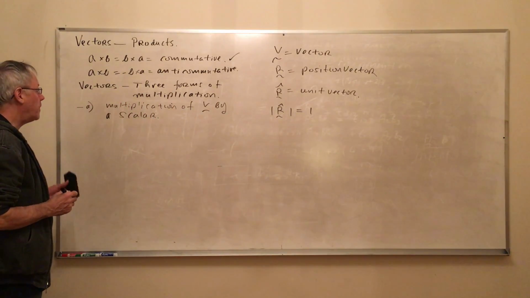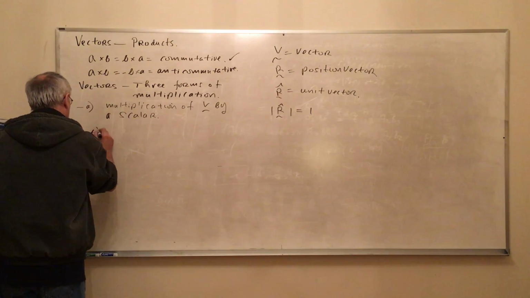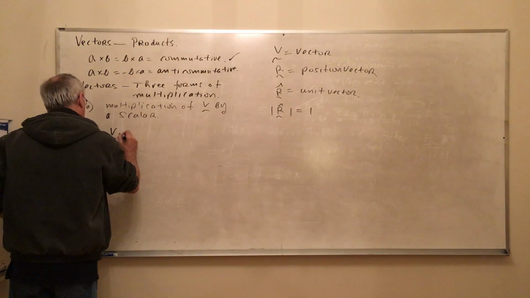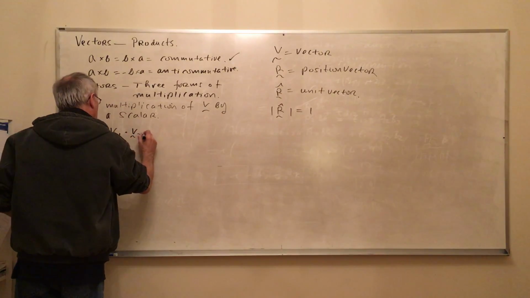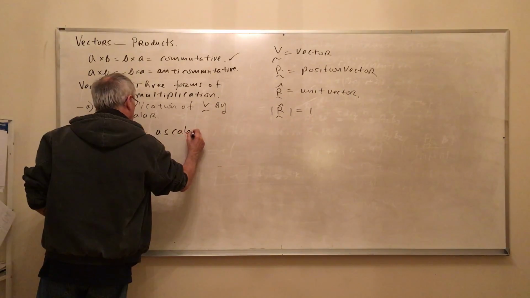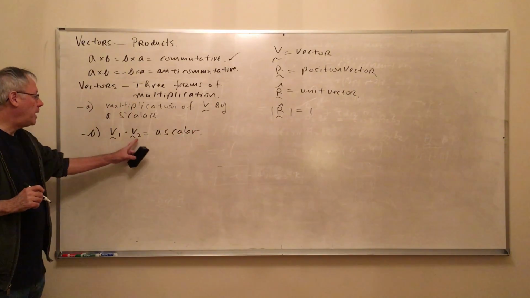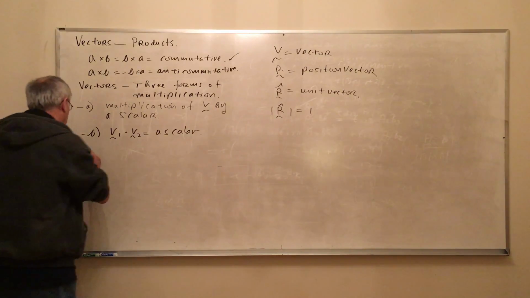Now in vectors, the first thing you do is you can multiply the vector by a scalar. Second thing you can do, you can take two vectors, multiply one by the other to get a scalar.